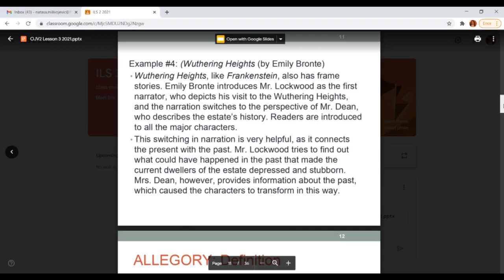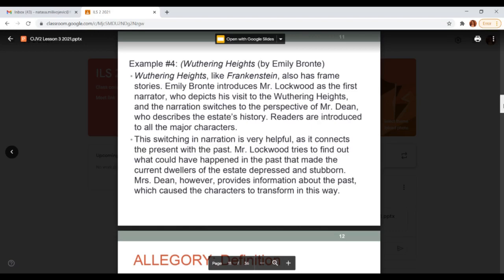This kind of switching in narration in this particular case is extremely helpful because it connects the present with the past. So we'll see that in Wuthering Heights we have this constant shifting from the present moment to the past, because the story that's being retold by the narrator has already taken place.